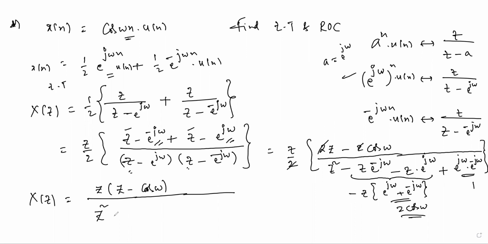It means minus z 2 cos omega, or minus 2z cos omega, plus 1. So this is the z transform of cos omega n u of n.